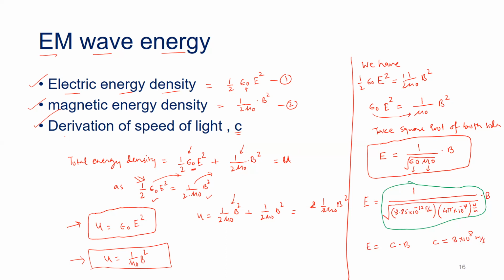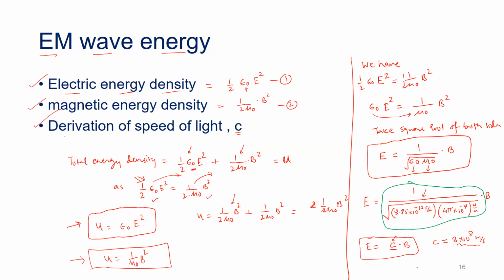Because if we calculate this constant, it comes out to be 3 into 10 to the power 8, and that value is nothing but the value of C. So E is equal to C times B. So the electric field is equal to the magnetic field multiplied by the speed of light.